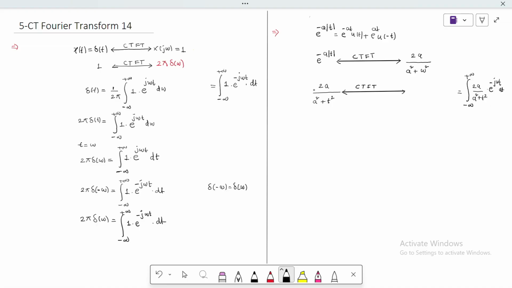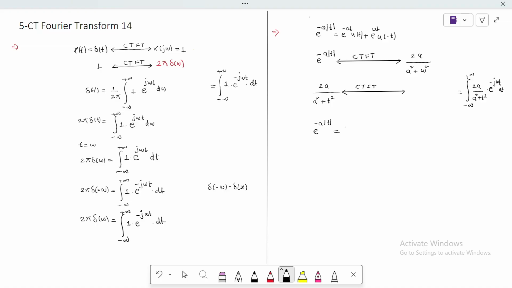This is the Fourier transform of 2a by a square plus t square. Here I'm taking this as reference. This integration we have to find with the help of this relation, e power minus a mod t.